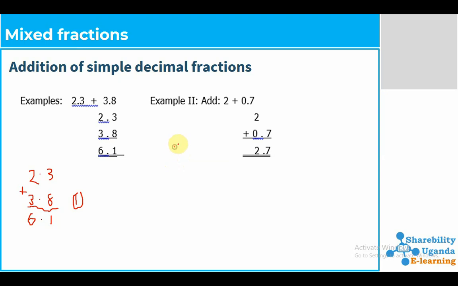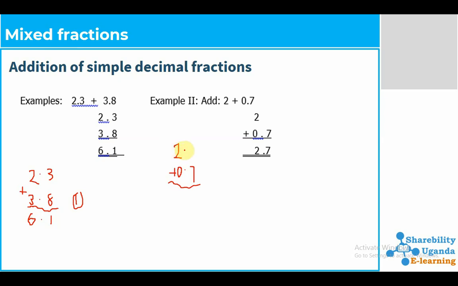Let's try to solve this trick. We have a 2 which is a whole number, then plus our 0.7. Okay, we have our 0.7. Now our number here is a whole number, it doesn't have a what? It doesn't have a point.